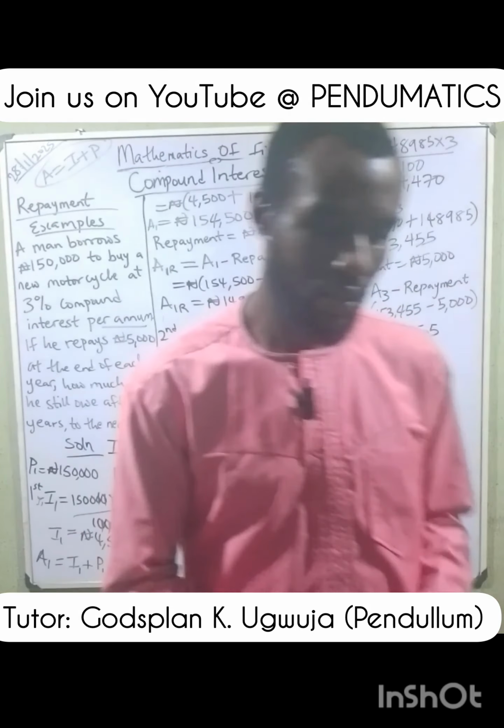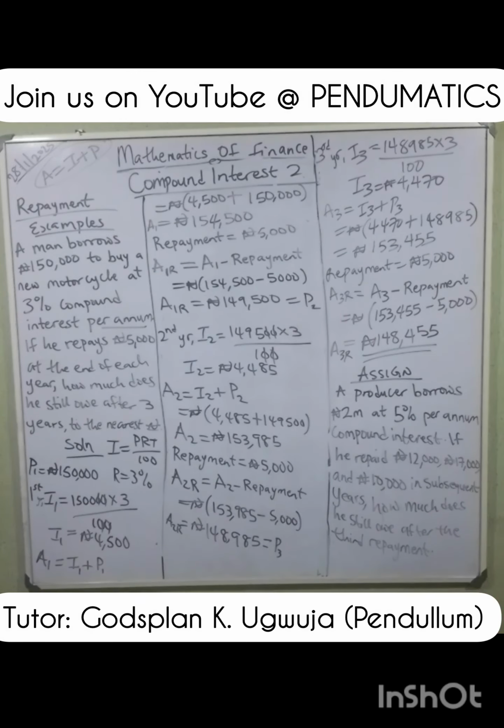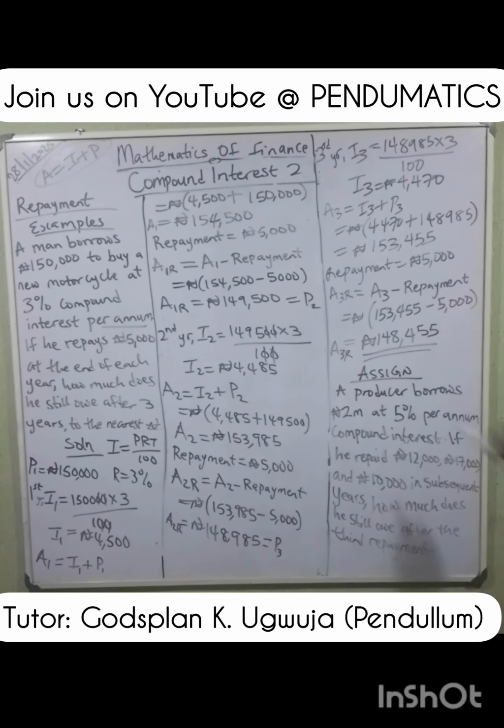Okay, so I'll give you an assignment now so that we'll end this video. Alright, so this is your assignment. A producer borrows 2 million at 5% per annum compound interest.